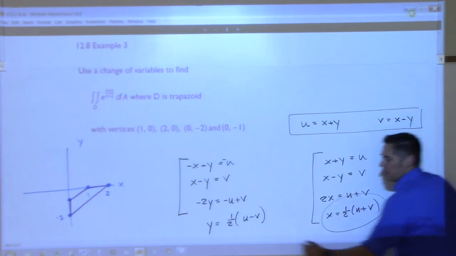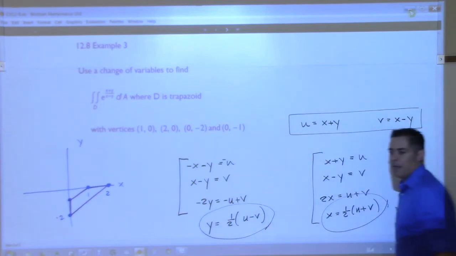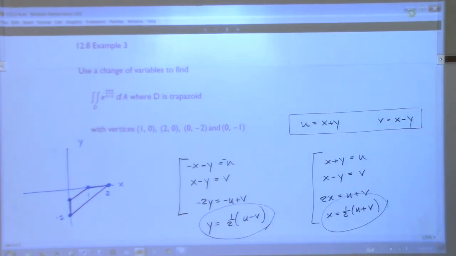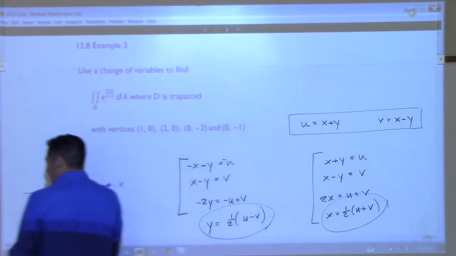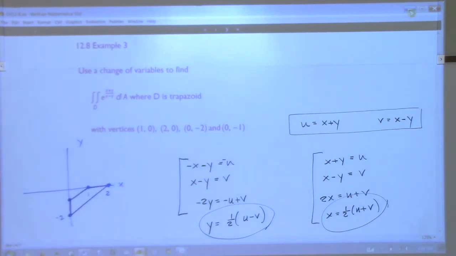Here are our transformations. We hope that by making those transformations, we will be in better shape, right? What now? Remember, this integral was impossible for us to do without this transformation. So what should I do now? Substitute that in for x over.